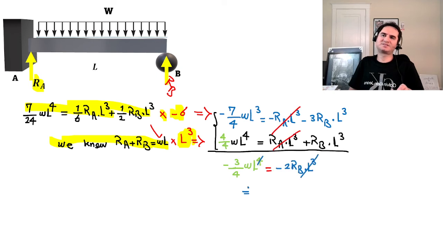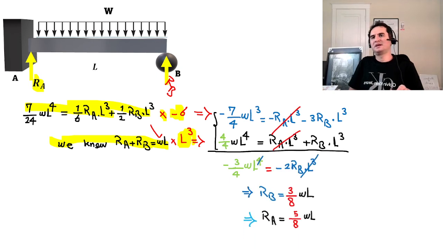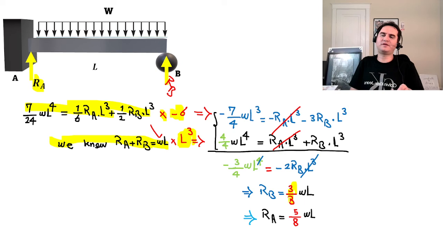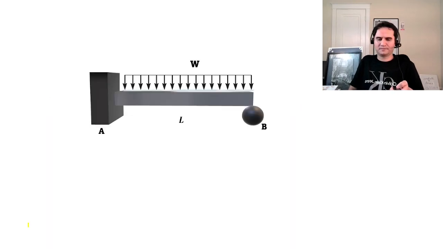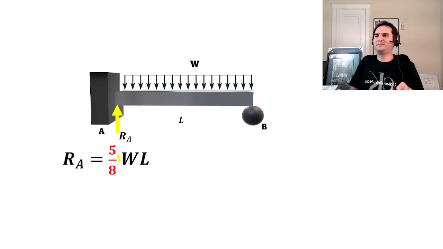That simply says RB is equal to 3 over 8 WL, RA is equal to 5 over 8 WL, and that makes sense. RA takes the bigger chunk of load in comparison. The fixed support takes a bigger chunk of load than the ball support.